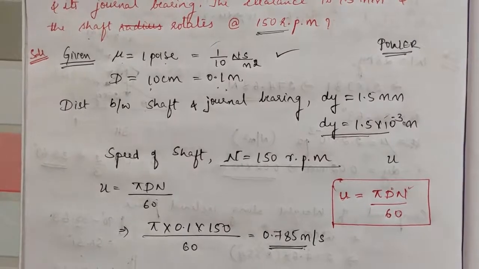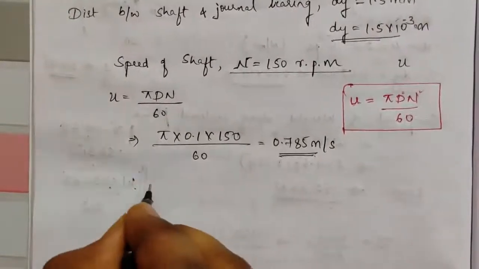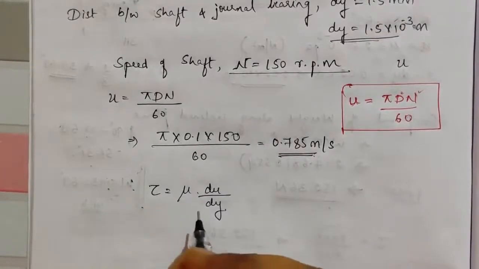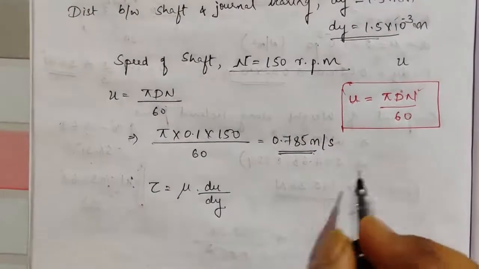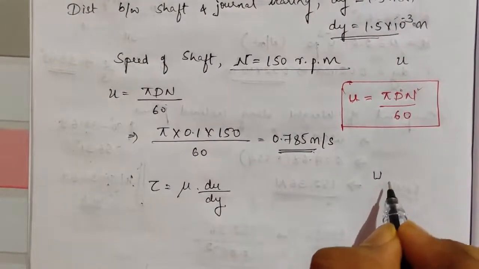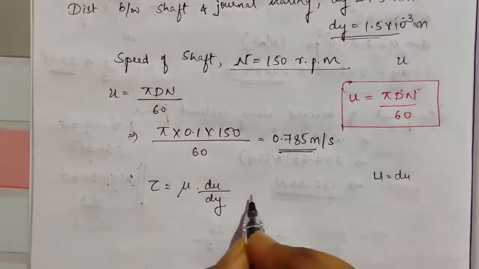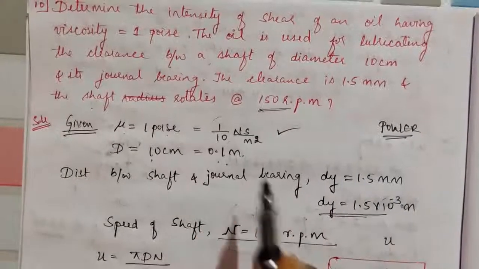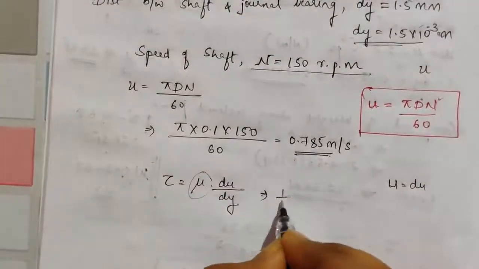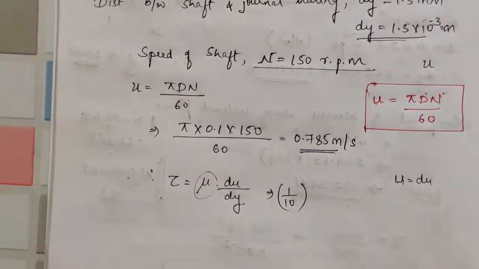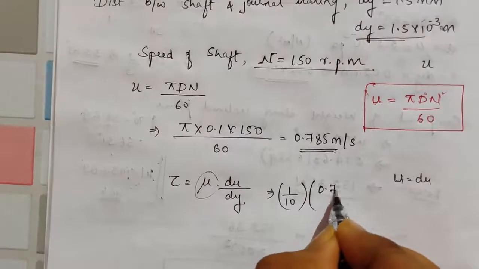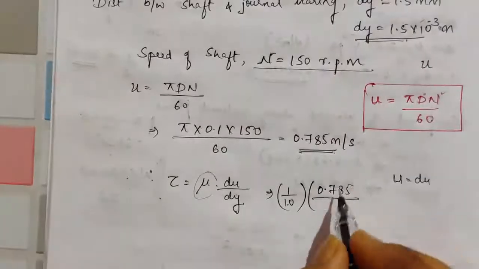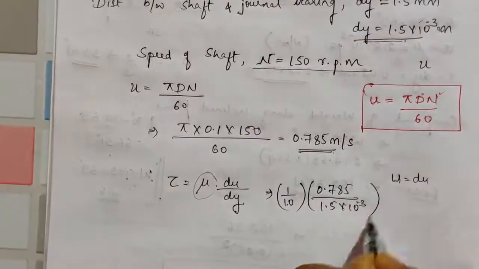Which formula do we know? We know only one formula: tau is equal to mu into du by dy. Here also we don't know the initial and final velocity, so I'll take u as du only. The viscosity is 1 by 10, du is 0.785, and dy is 1.5 into 10 power minus 3.